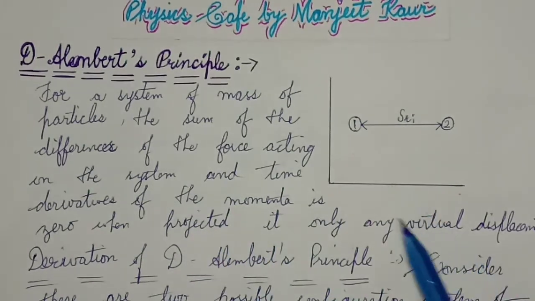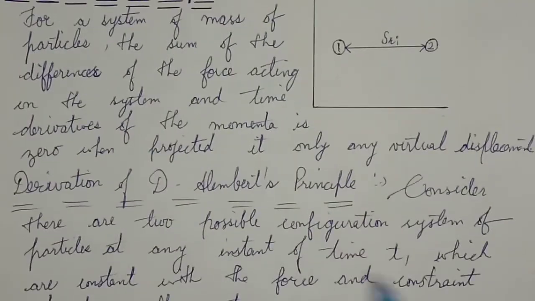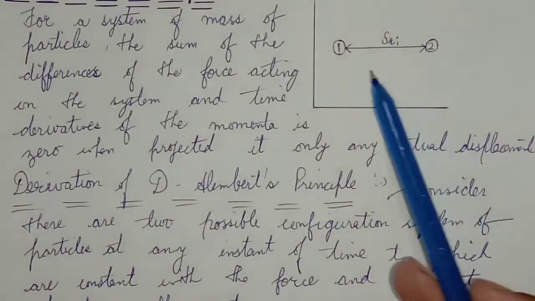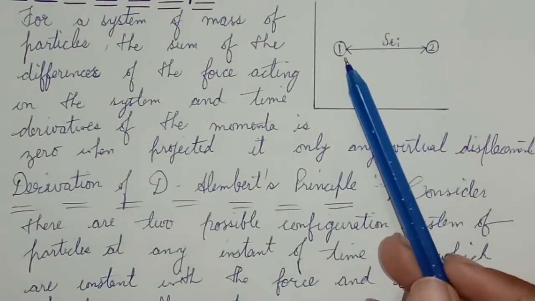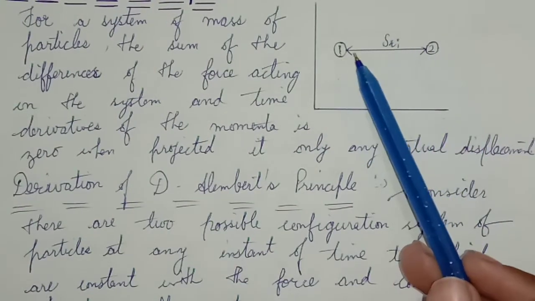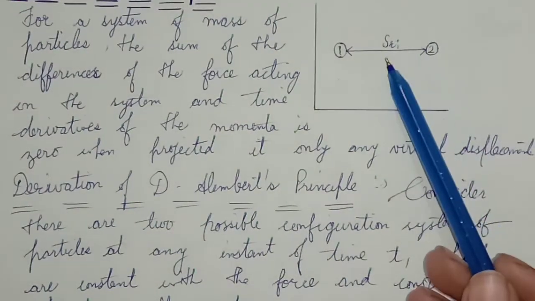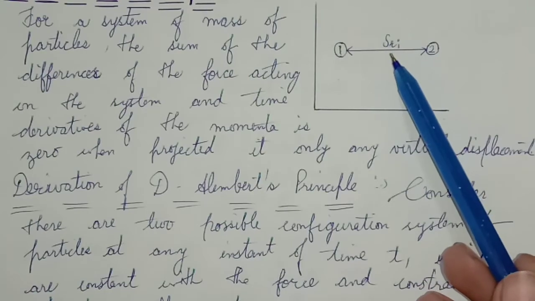Then we get the virtual displacement. Now we write its derivation. In this I explain the particle covers some distance. That means from this configuration it moves some distance at any time t. Then we get the value of delta Ri.